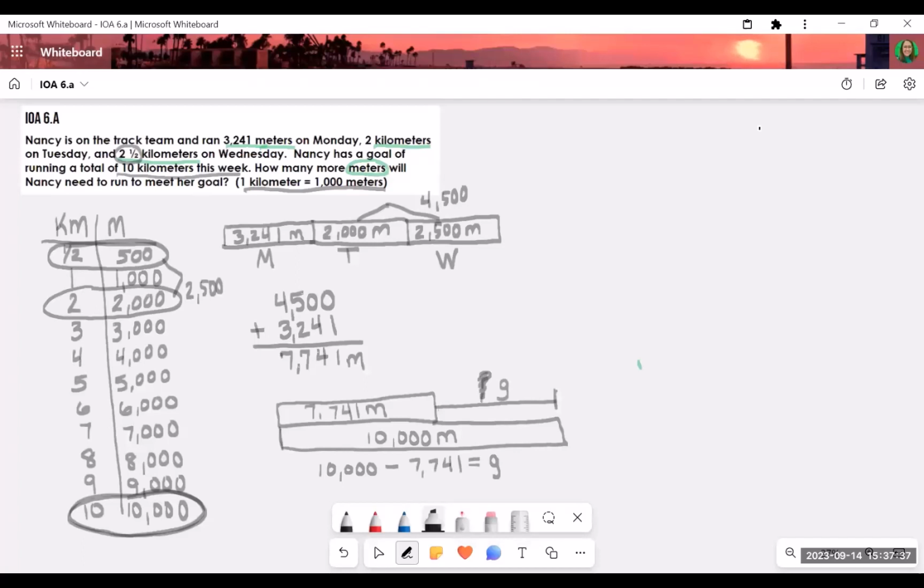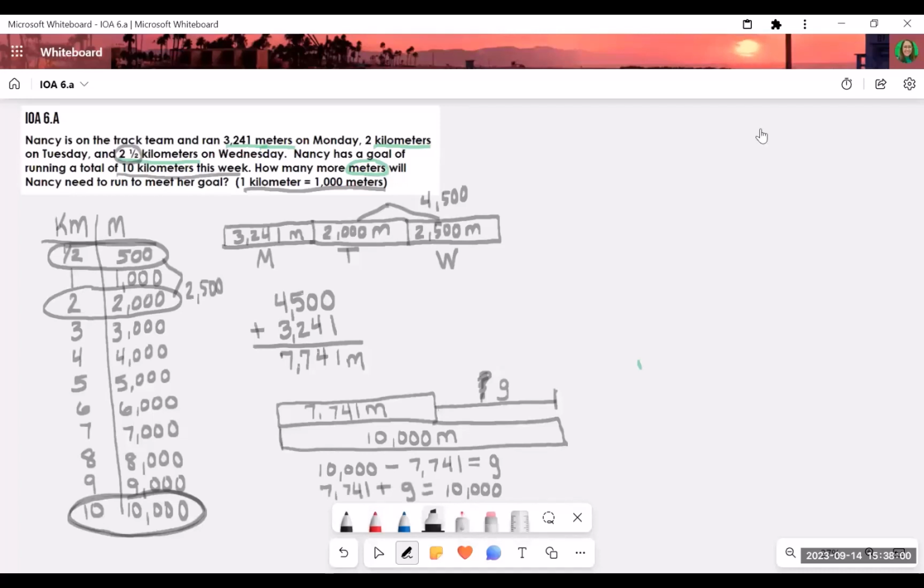It is possible for me to add up from 7,741 also to find the difference. I could say 7,741 plus G equals 10,000. So we want kids to understand that inverse relationship of addition and subtraction as well. They could solve either way.